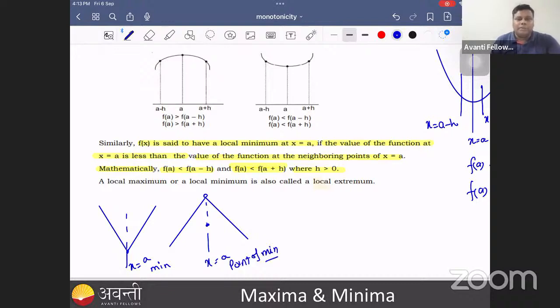Point of minima. If the graph of the function is like this, you see the value at x equals a, this dark point is the value at x equals a. It is less than at a plus h as well as a minus h. Got it? So again, this x equals a is a point of minima.